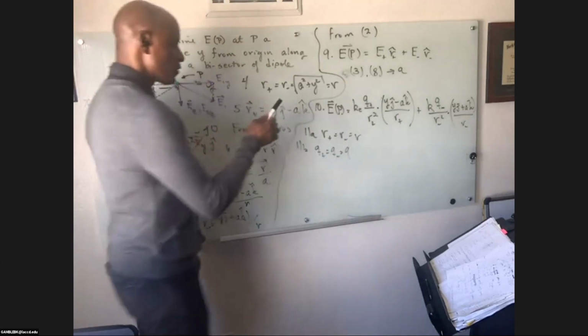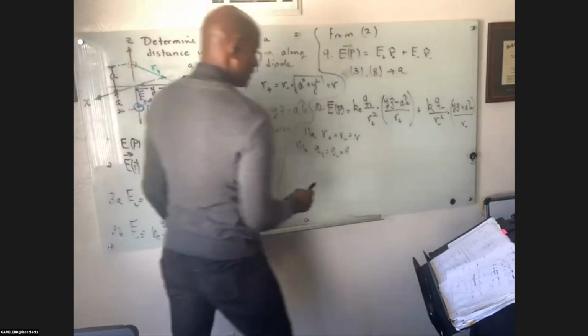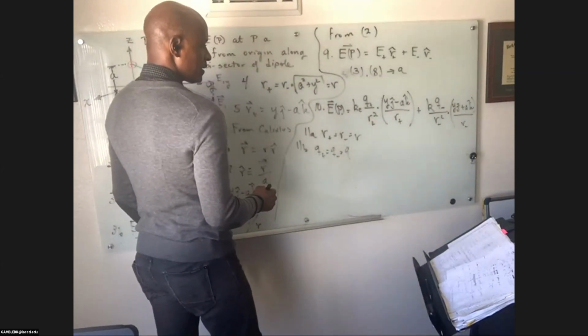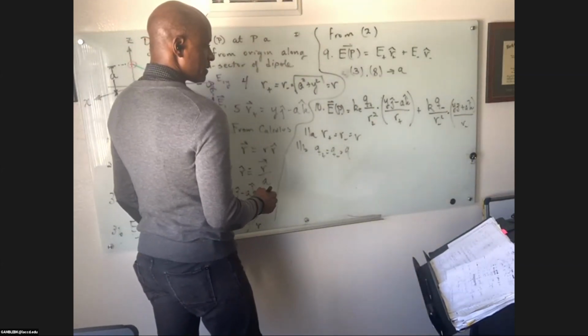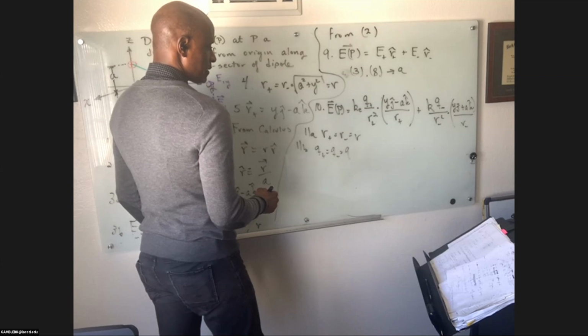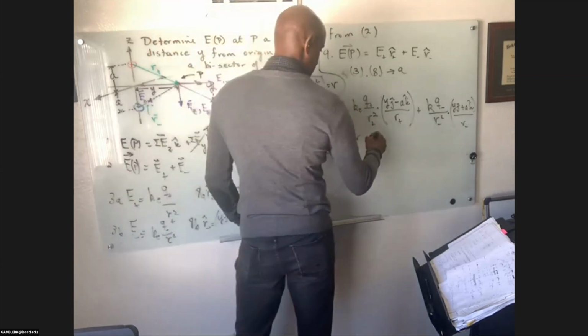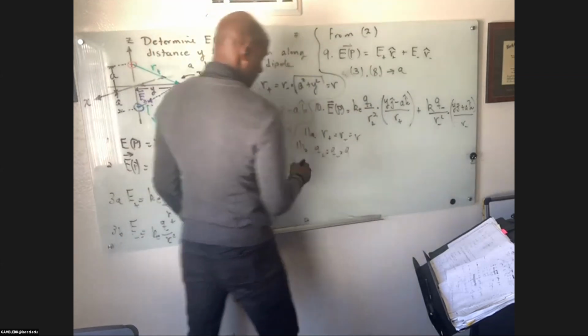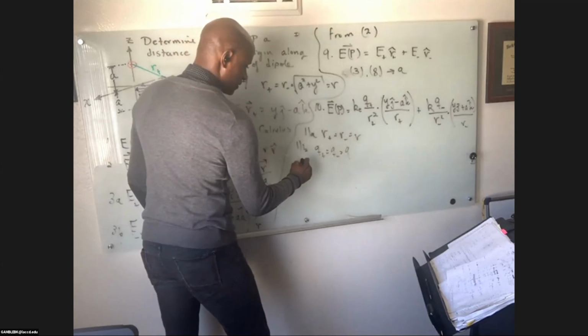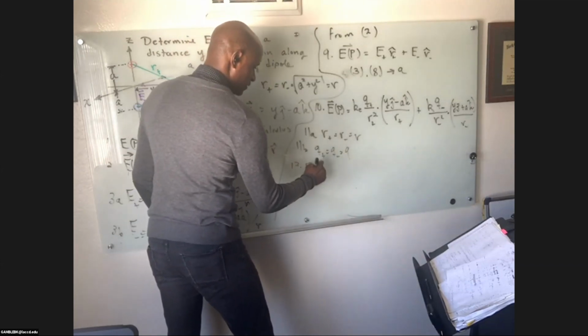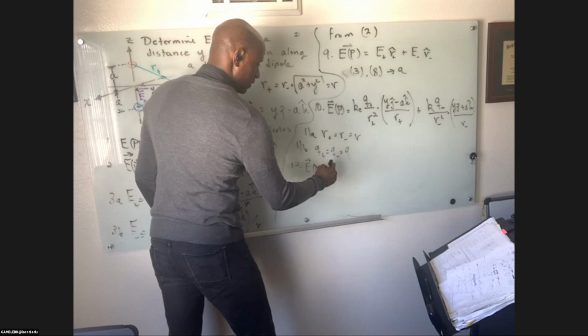So if I put those in, I don't want to skip steps, so I'll just write it all out. Put all that stuff in, so you have it in your notes. I said I wouldn't skip any steps.